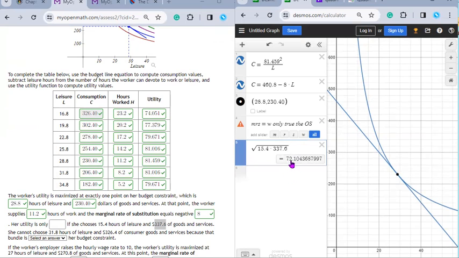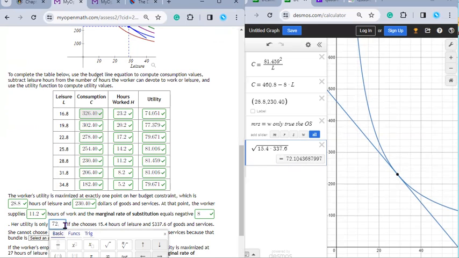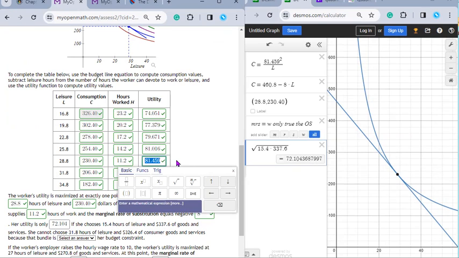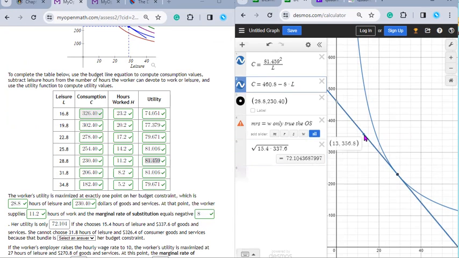And our utility is 72.104. Now it is less than this optimal. This is the maximum our utility can be given this budget constraint.